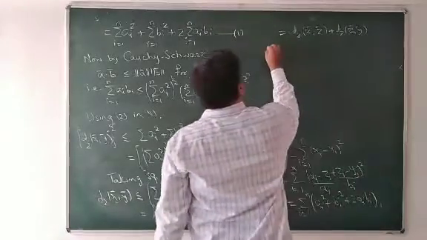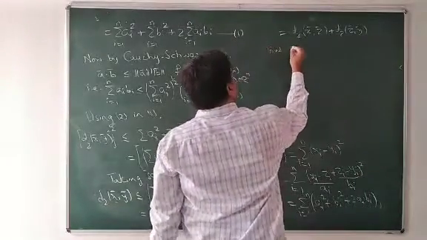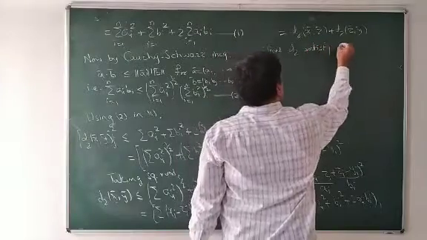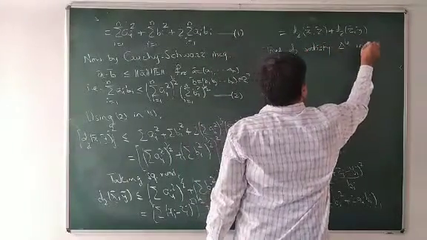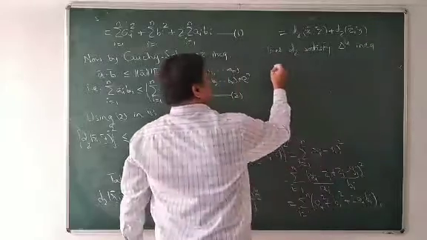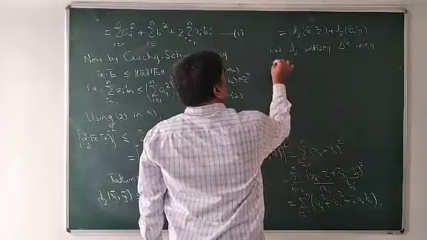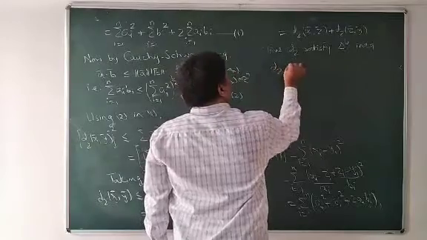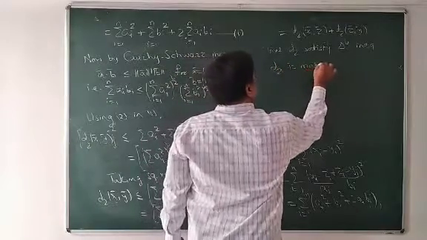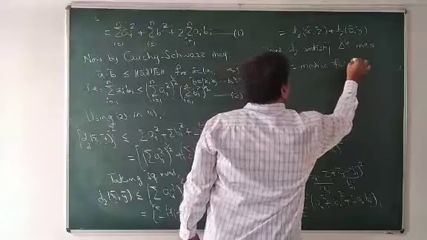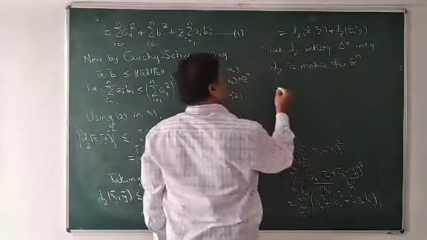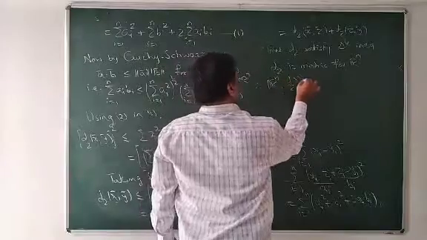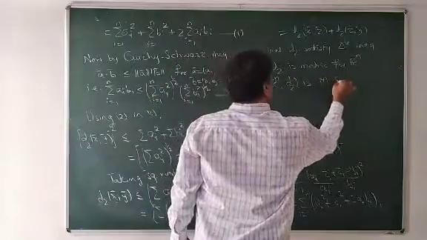Thus d2 satisfies triangle inequality, and therefore d2 is a metric for Rn, and therefore Rn with d2 is a metric space.